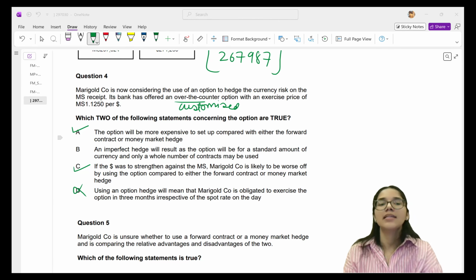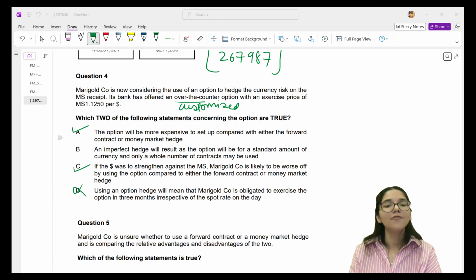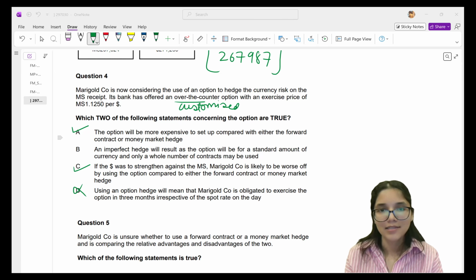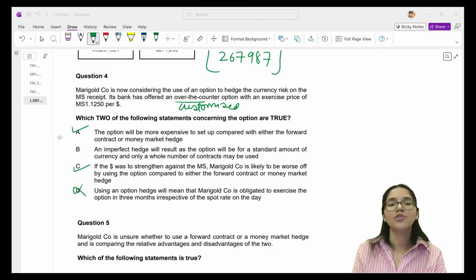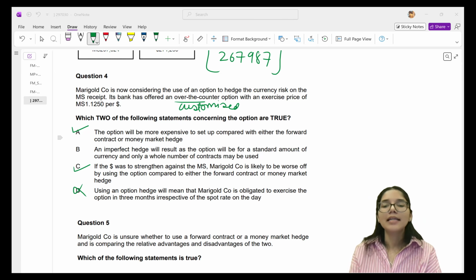But why is option C the correct statement? Firstly, understand what the statement means. If the dollar strengthens against the M shilling, what will happen? Now your receipt is coming in the M shilling. If the dollar is getting stronger, that means the M shilling is getting weaker. So whatever the spot rate is will be even worse compared to the exercise price, because if the dollar gets stronger, when you convert those M shilling into the strong dollar, you will end up receiving a lesser amount.